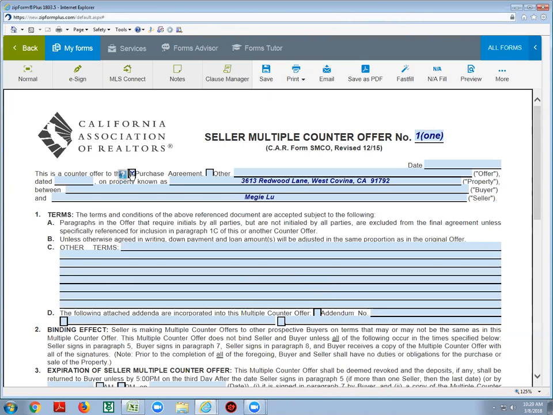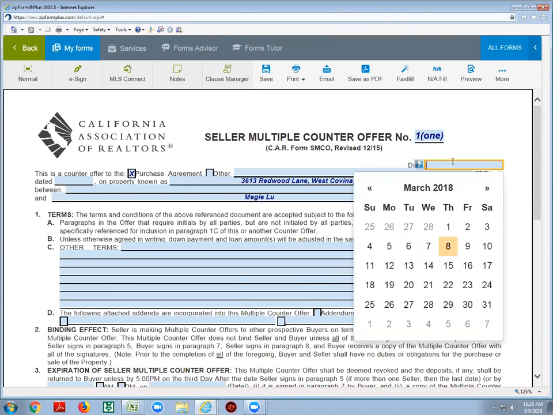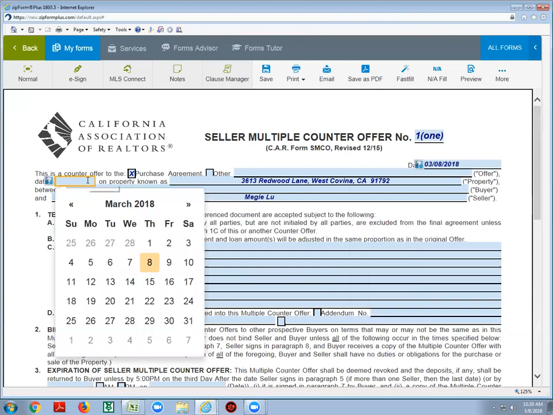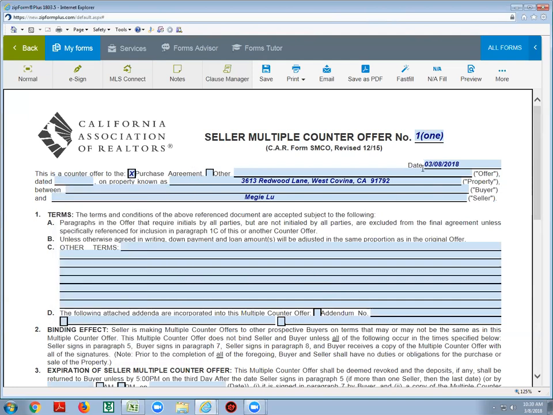And certainly the multiple counter offer, 99% of the time, is on the purchase agreement. All right. Here we've got two dates. What's the right-hand side date? The current date, today. And this date is the offer date. Dated, past tense. Don't mess up.